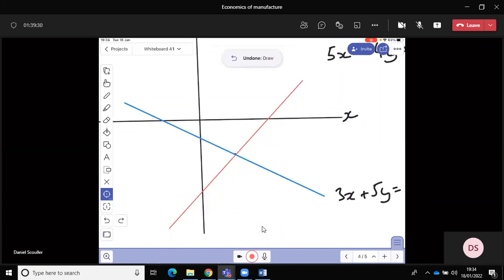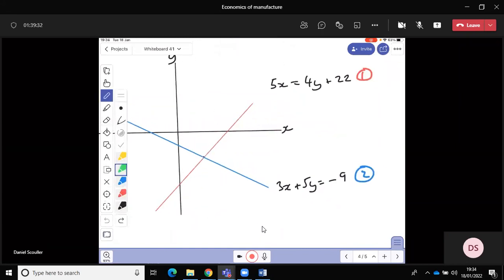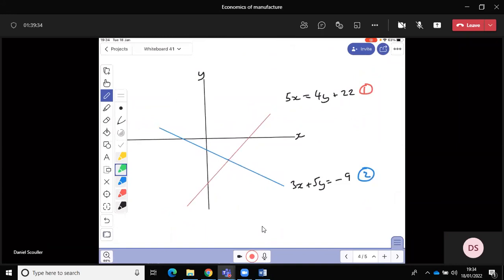So let's have a wee look at this. You'll usually get given equations that on the face of it look quite tough. It might have the x on one side, the y on the other, and the number there as well. Nothing too outrageous, but it might not be organized in the way that you would think.